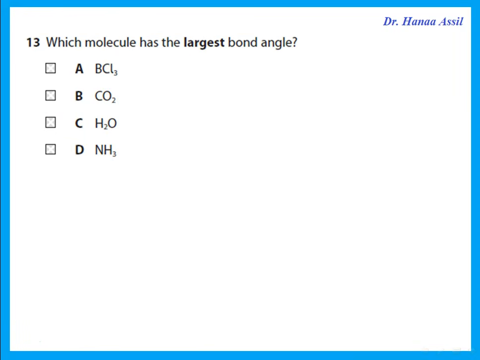Which molecule has the largest bond angle? Well, I would draw each molecule and try to determine which one has the largest bond angle. BCl3 is boron with 3 bonds, so this is trigonal planar with a bond angle of 120. What about carbon dioxide?